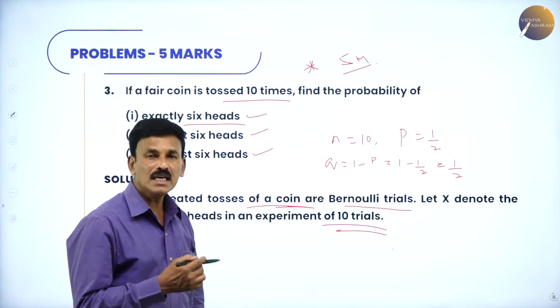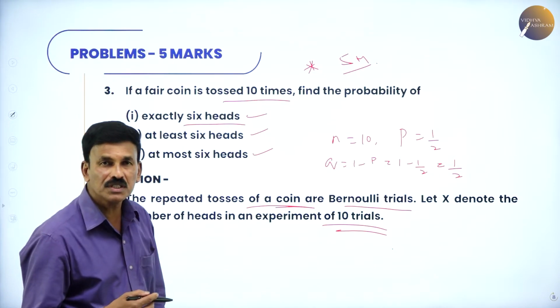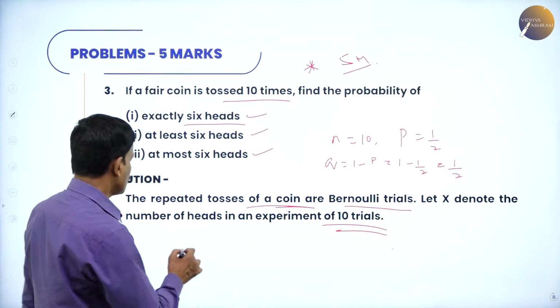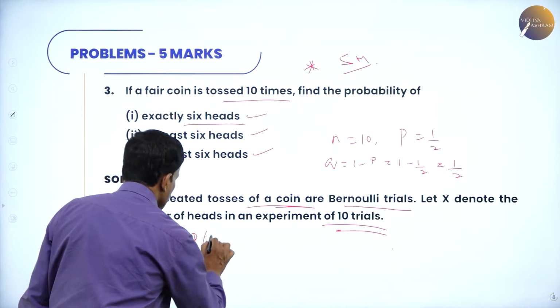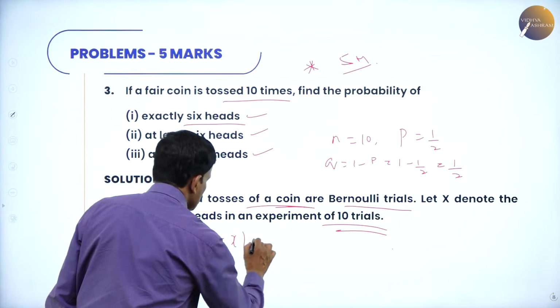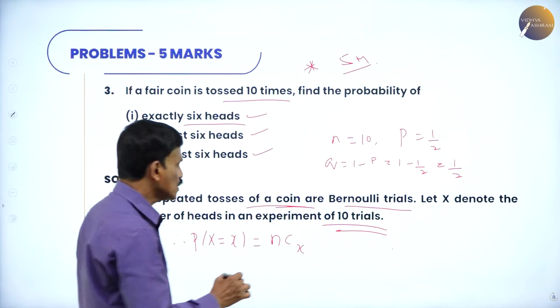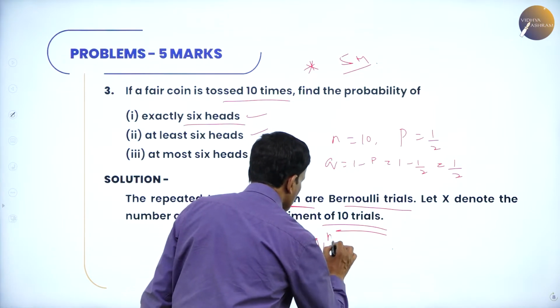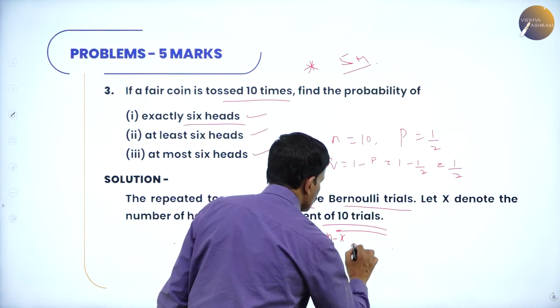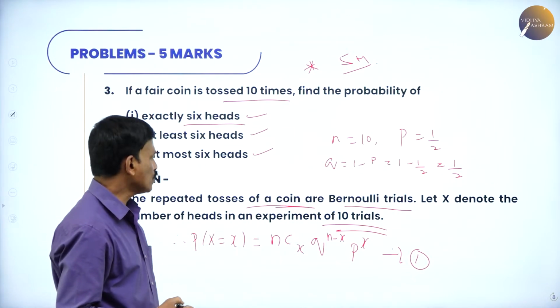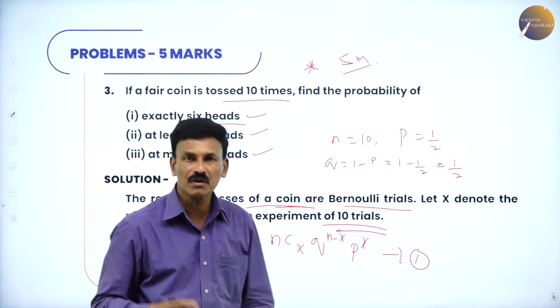So, clearly x has the binomial distribution with n is equal to 10 and p is equal to 1 by 2. Therefore, P of X equal to x is given by nCx into q to the power of n minus x into p to the power of x.